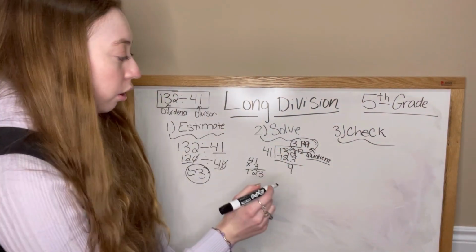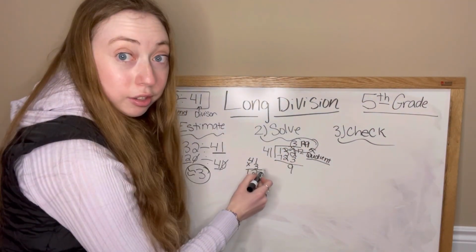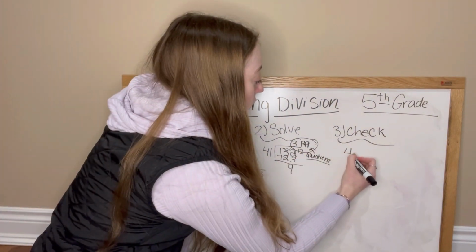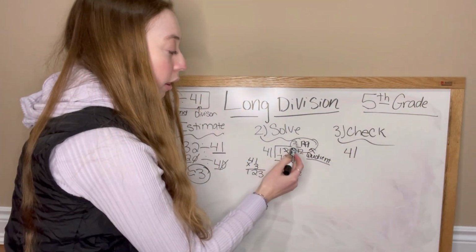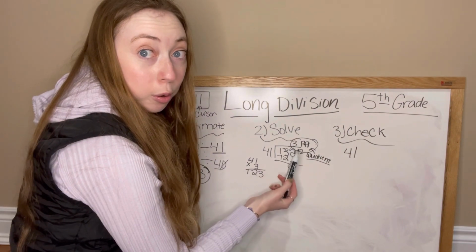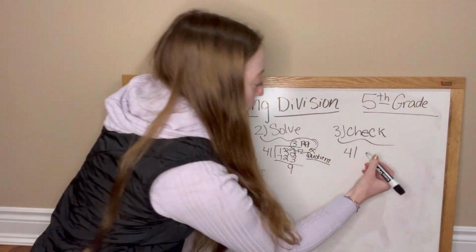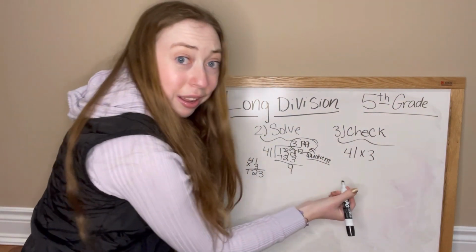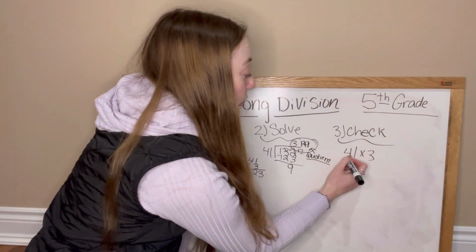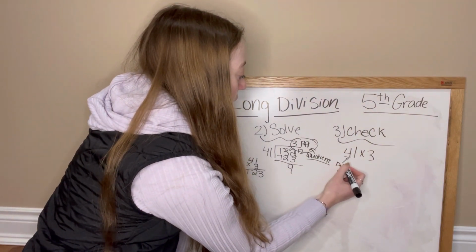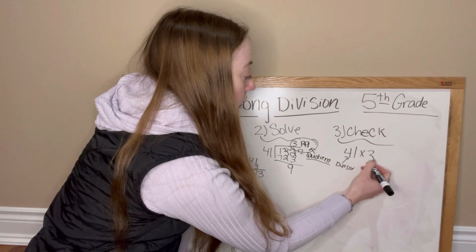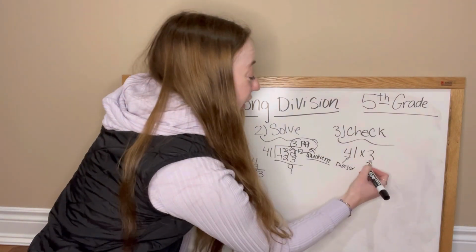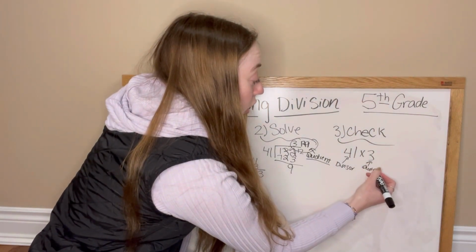So to check your work, you take the divisor first. And then you multiply that by just the whole number in the quotient, not the remainder, but just the whole number. And you can write that out for them so that they can see it. Have them write, okay, this is my divisor, and you can tell them that this is like part 1 of their quotient.